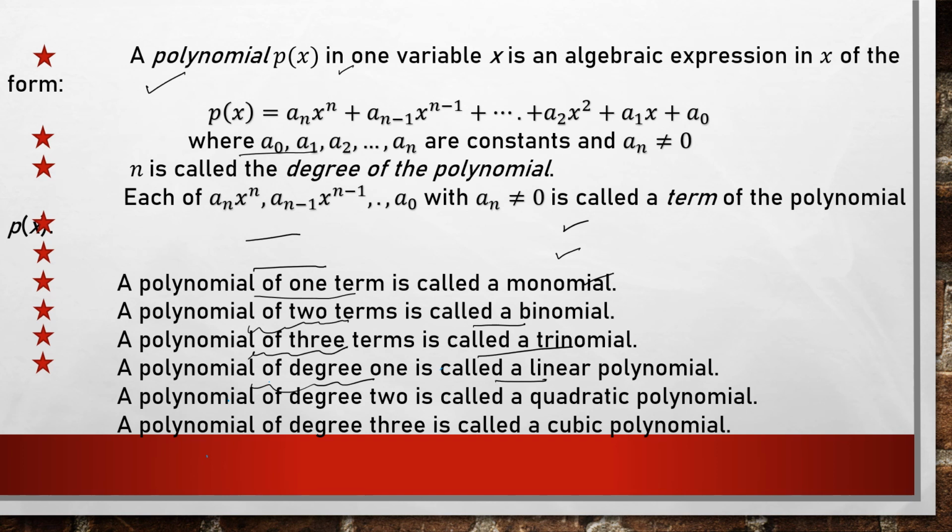Standard form, first one is standard form. Highest power of the variable is n, so this is a polynomial in variable x of degree n. और ये सारे के सारे terms हैं और जो an है that is coefficient of x power n, 0 नहीं होना चाहिए. ये सारी क्या चीज है? Terms. Now you can read it once again.